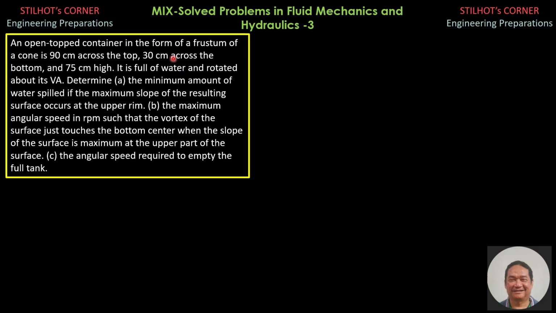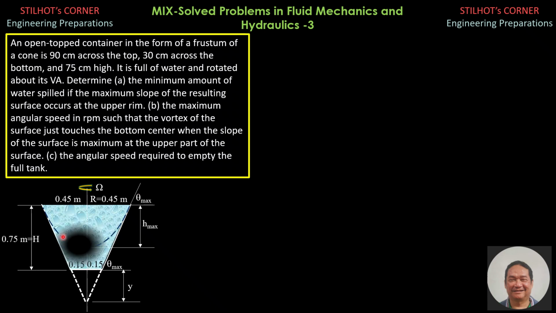So for this container, the maximum slope is the slope of the slanted face. You cannot go beyond that maximum slope. It is always tangent to the surface.